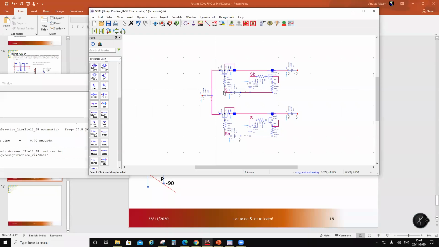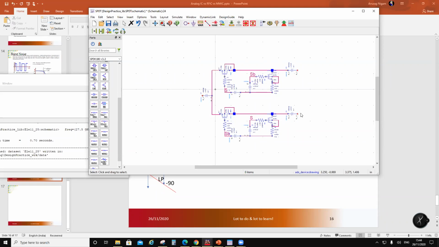So what I have done is when S is high and SB is low, this path is through, and SB low means this is off. So between input and output, I'm just seeing this pass transistor. What about the off path? In the off path, SB is low, so this is off and this one is on. Now when this one is on, there is an equivalent resistance of 50.